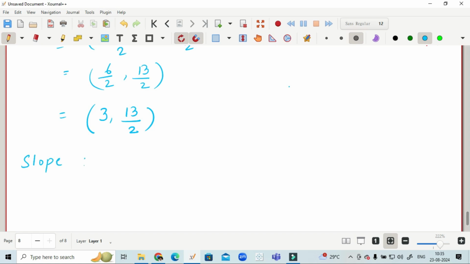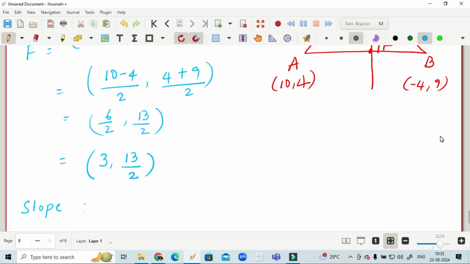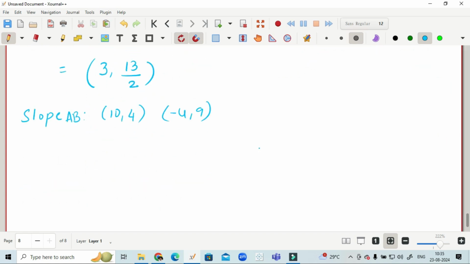How to find the slope of AB? A is 10, 4 and B is minus 4, 9. Slope is y2 minus y1 by x2 minus x1, where these are x1 y1, x2 y2.